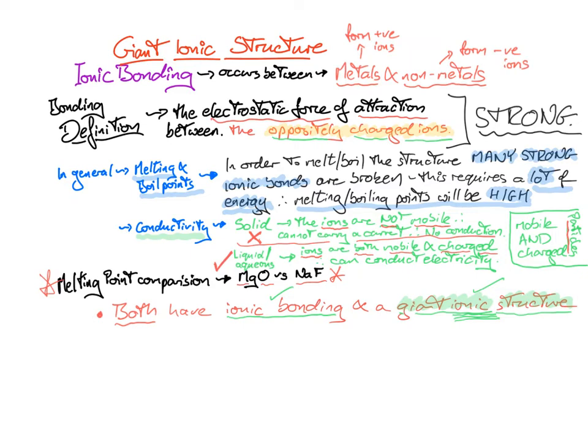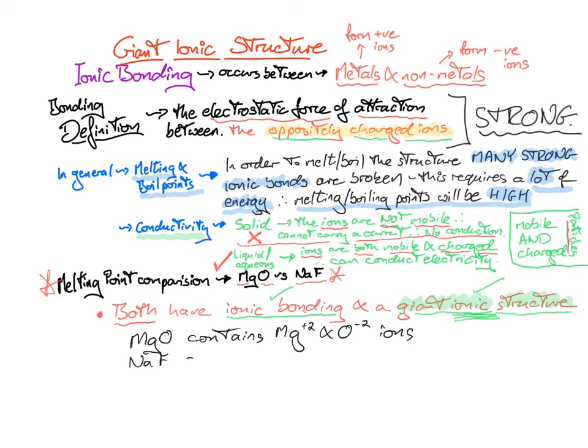Well, what we need to do is have a look at the oppositely charged ions that make them up. So if we look at MgO, what ions are in there? Mg2+ and O2- ions.